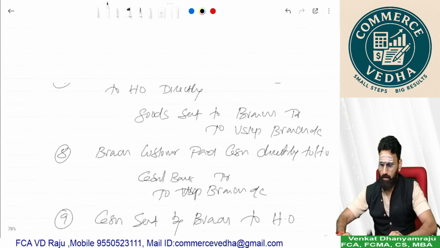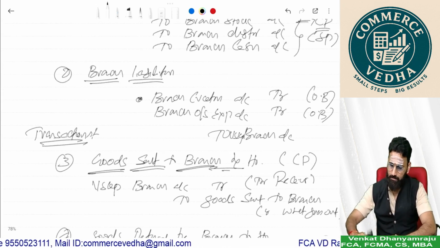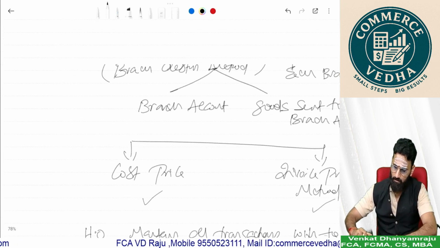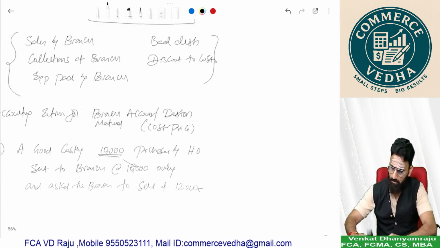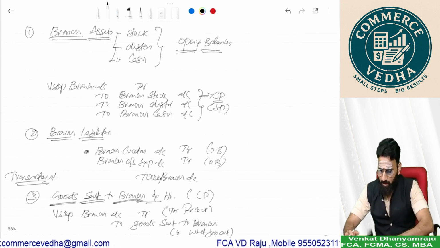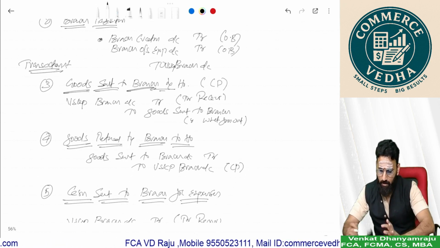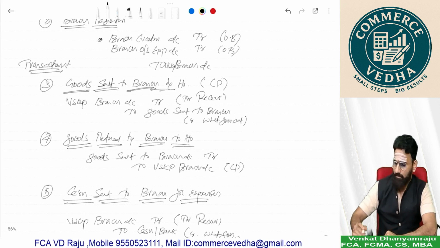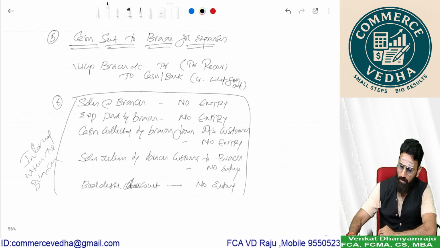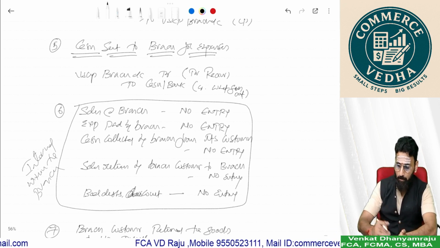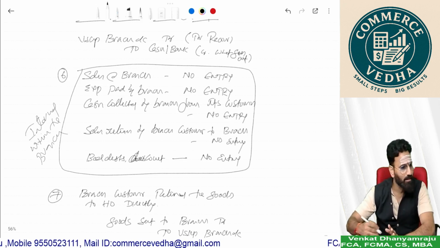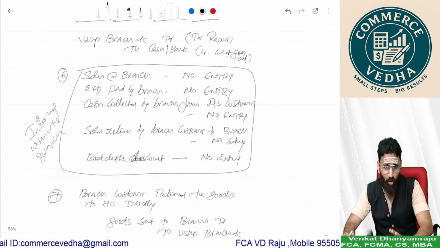So what we did here quickly: recorded the assets, recorded the opening liabilities, goods sent to branch, returns, then cash sent to branch for expense, branch account to cash, and ignored all the internal transactions because there is no involvement of head office.